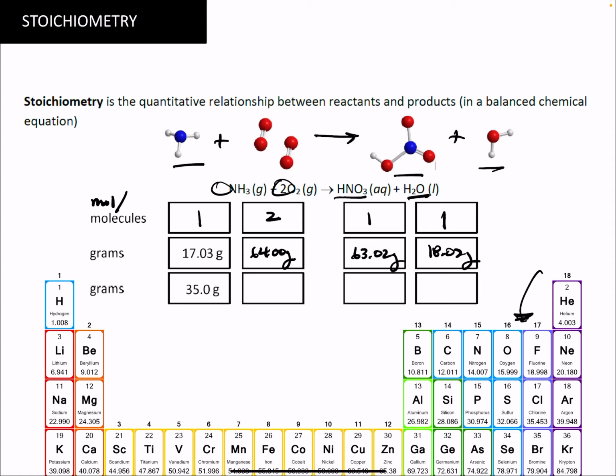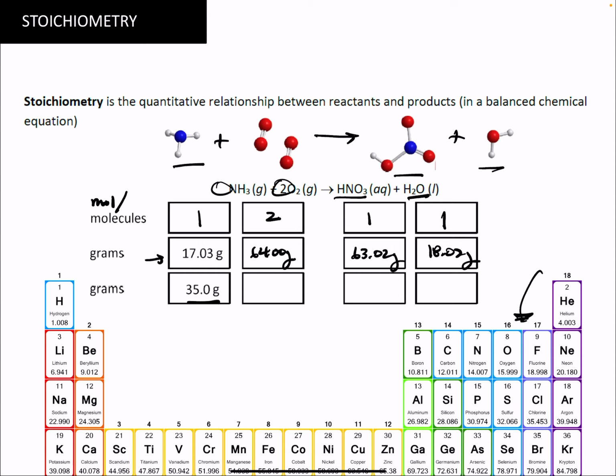What am I doing here? Oh, what happens if it's 35 grams, right? So if we have 1 mole, it would be 17.03 grams. Here, let's just start off. If we started with 35 grams, we know that that is 130 grams of nitric acid. We calculated that earlier. It was 37.0 grams of O2, and we just calculated that it was, was it 35?